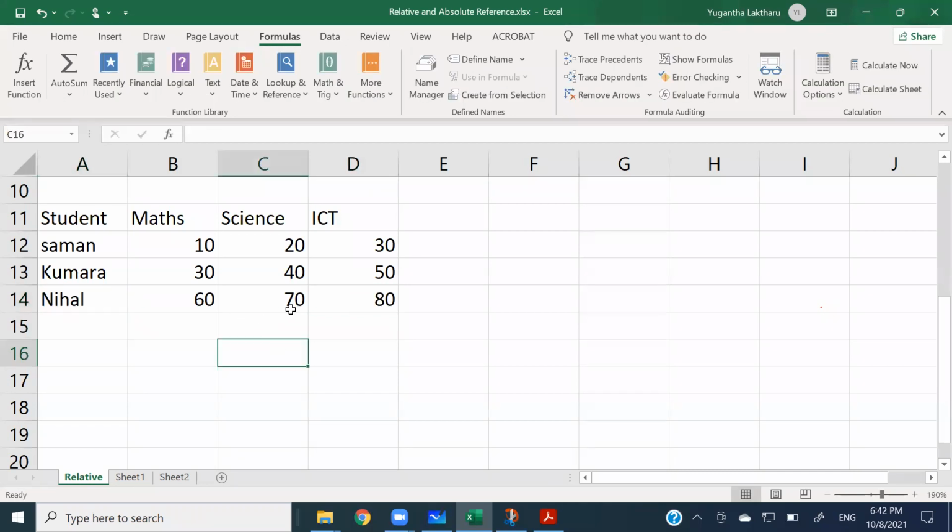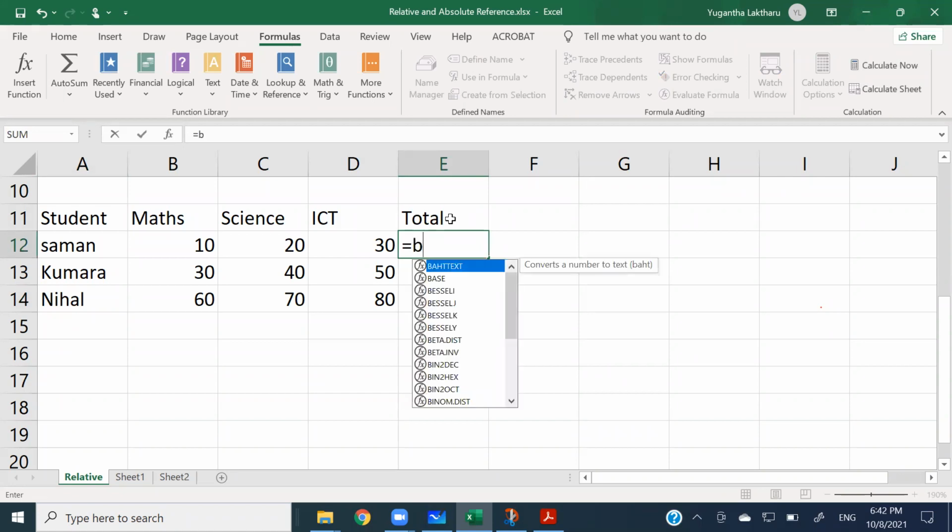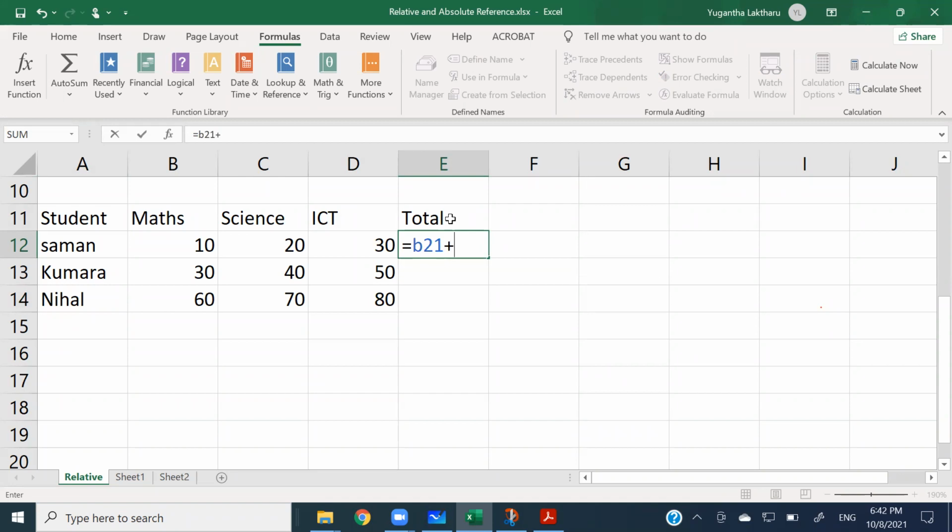Right. So when we have these kinds of mark sheets, to find the total we can use the cell references, like equals B12 plus C12 plus D12, right?